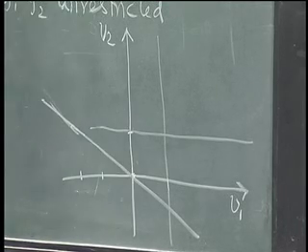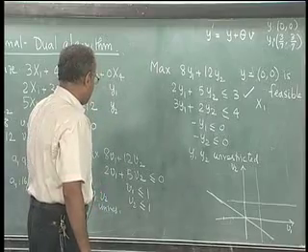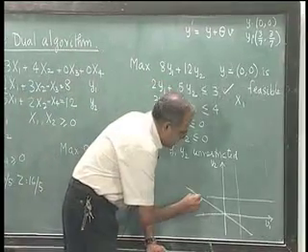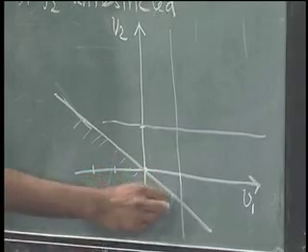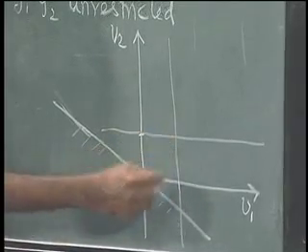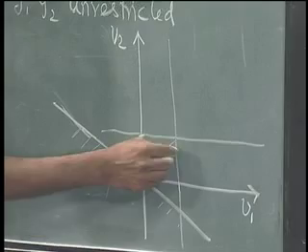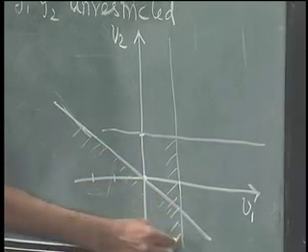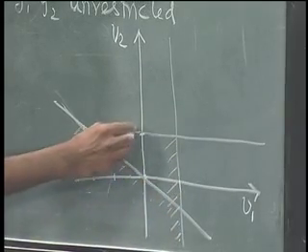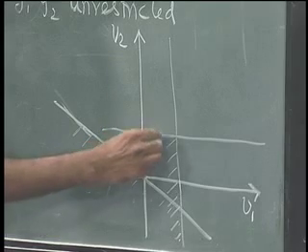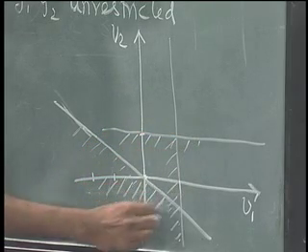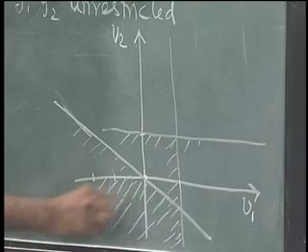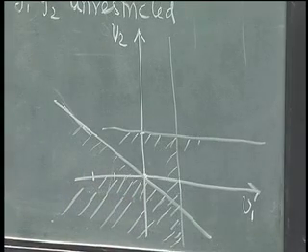So, this is 2 V1 plus 5 V2 less than or equal to 0. So, this is the feasible region, this is the region corresponding to this one, this is the region corresponding to this is the region corresponding to this. So, this will be the entire region that we will have.